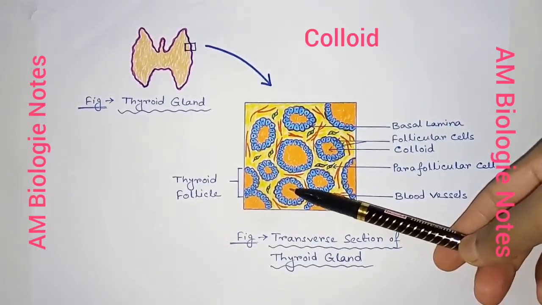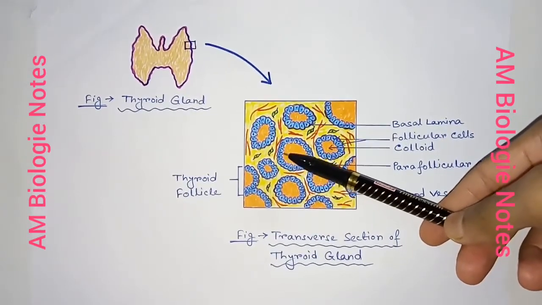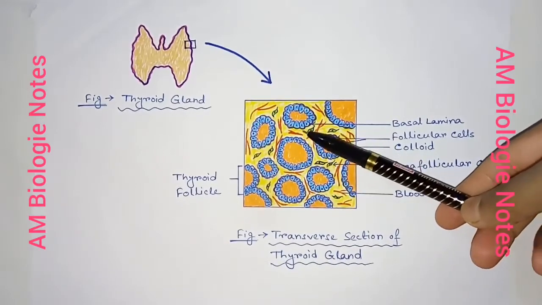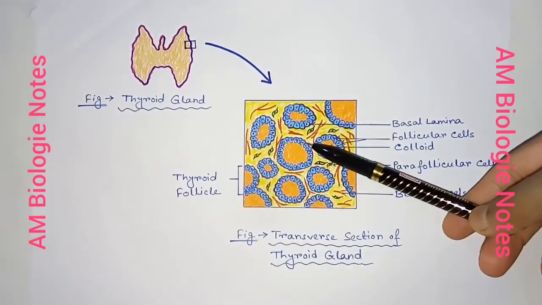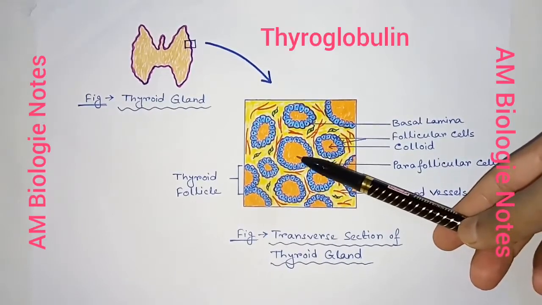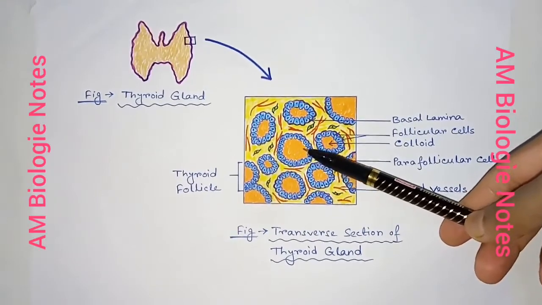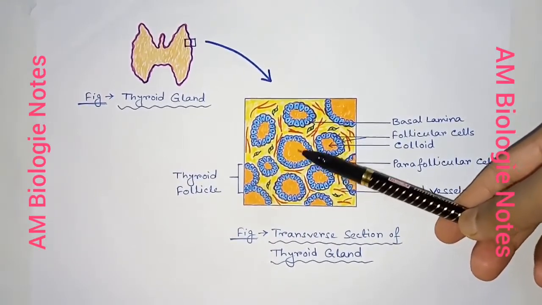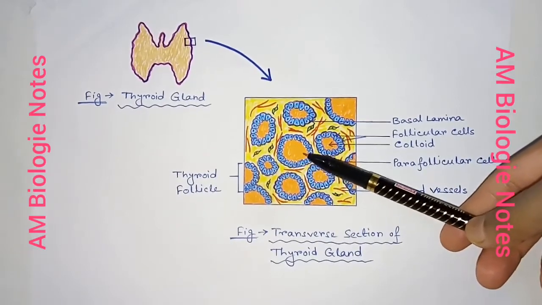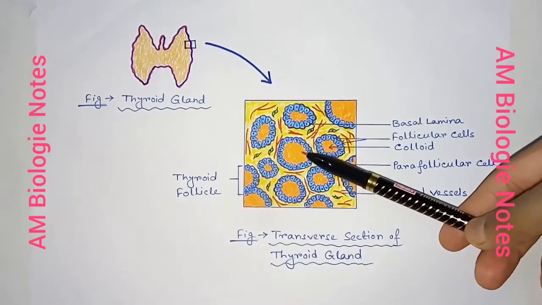The apical surfaces of the follicular cells are in contact with the colloid, and the basal surfaces rest on a typical basal lamina. The colloid is a solution composed primarily of thyroglobulin, a large protein that is a storage form of the thyroid hormones. The high viscosity of the colloid is due to the high concentration of thyroglobulin.